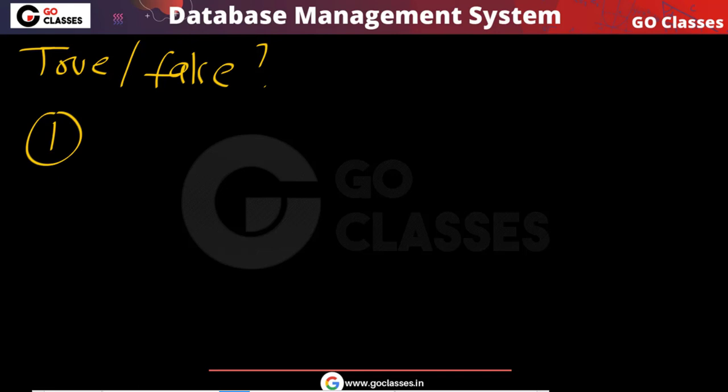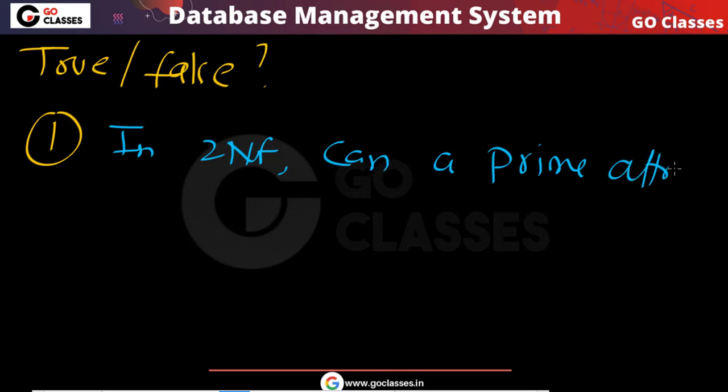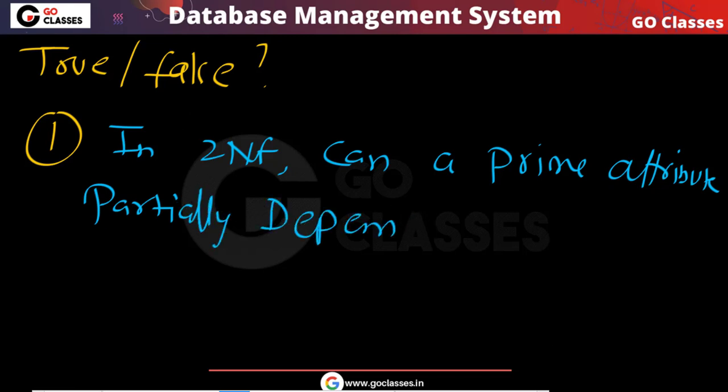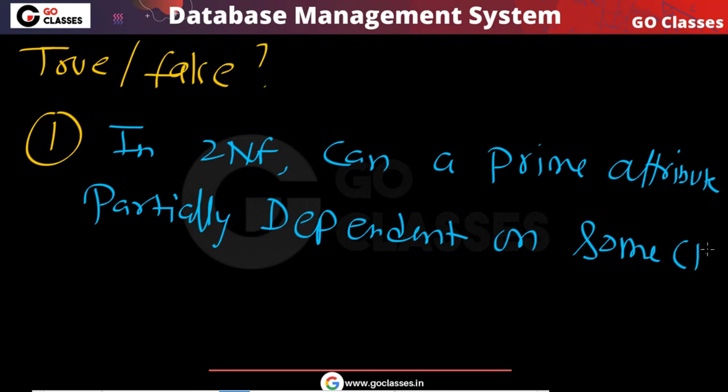The first statement: in 2NF, can a prime attribute be partially dependent on some candidate key?